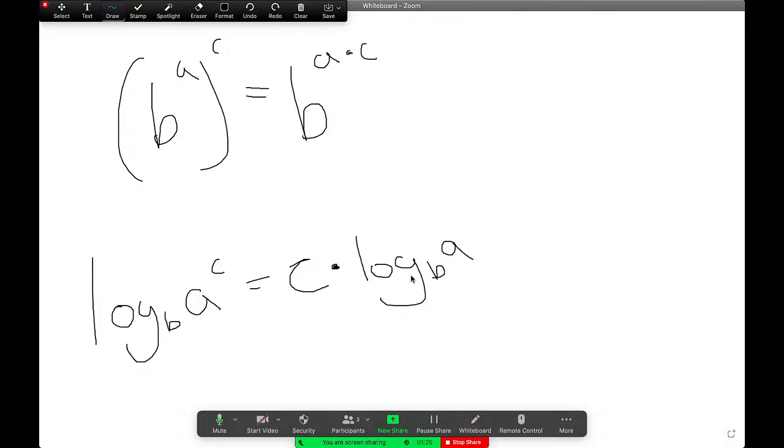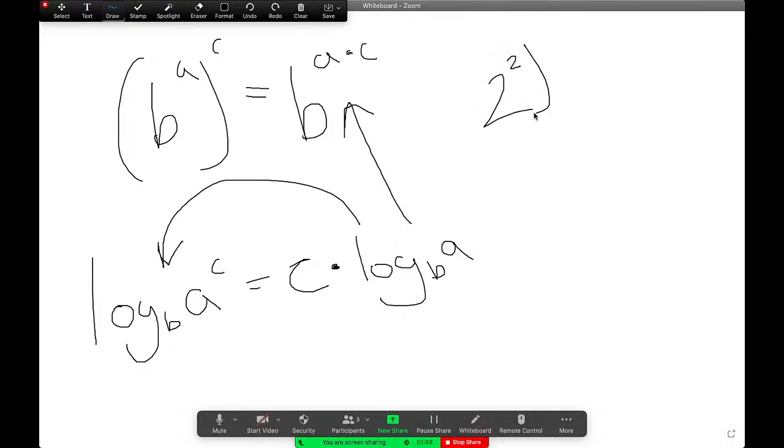So this is useful the other way around. Yeah, it is pretty weird, but this is the same thing as this. If we write some numbers in here instead of variables, it'll make more sense. So we have 2 to the power of 2 to the power of 3.